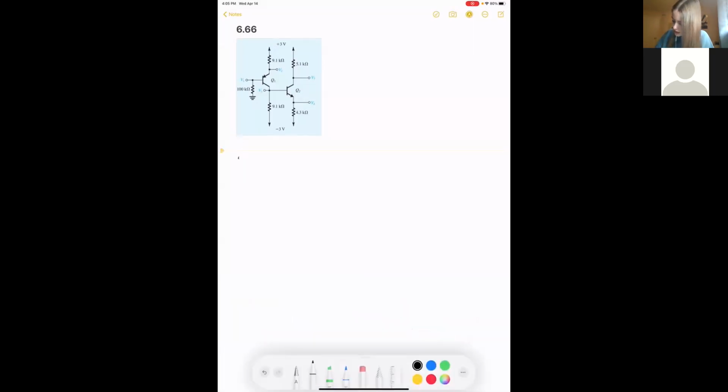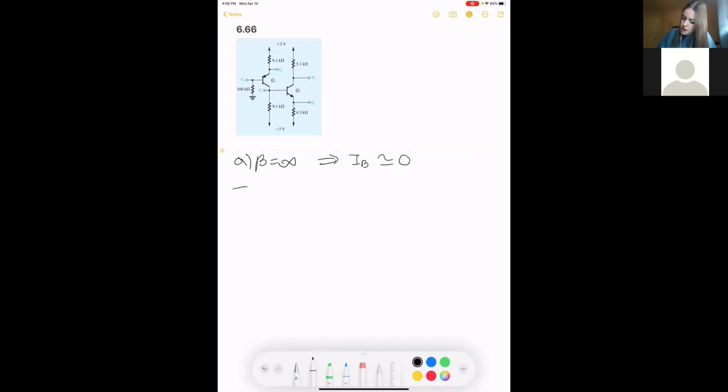So for this first one, we have beta equals infinity. From this, we know that the current at the base, IB, is around 0. What I like to do at the beginning is always write out all the things that I know. We know that IC is equal to beta IB.